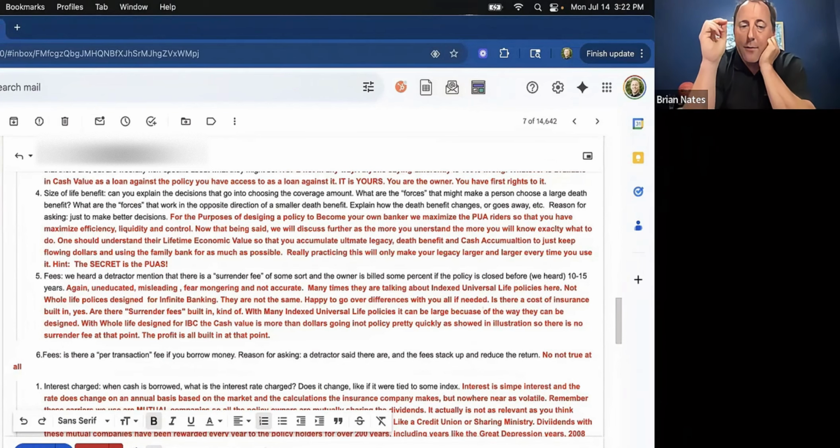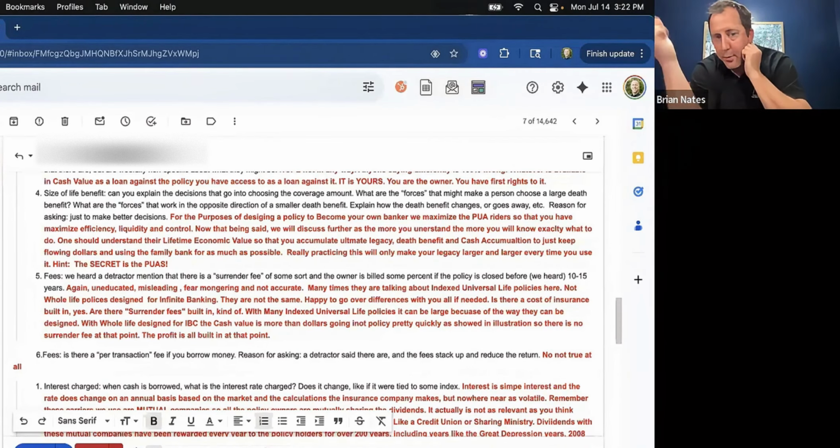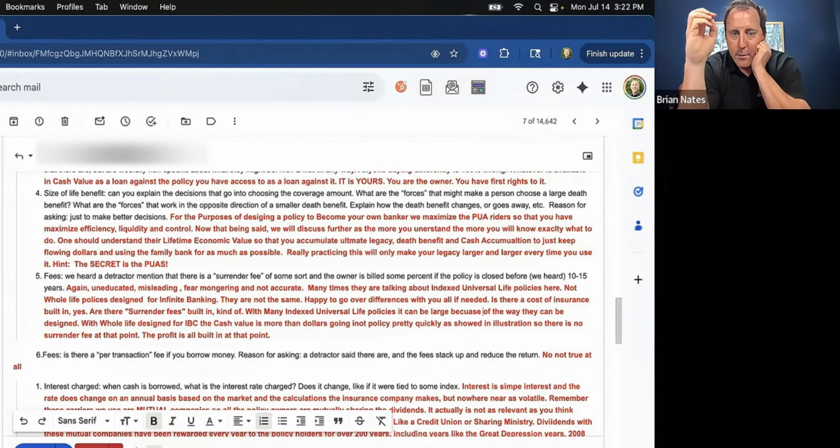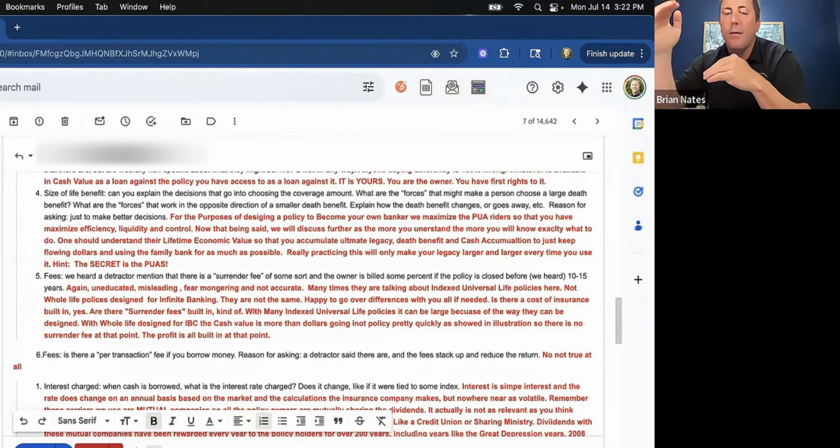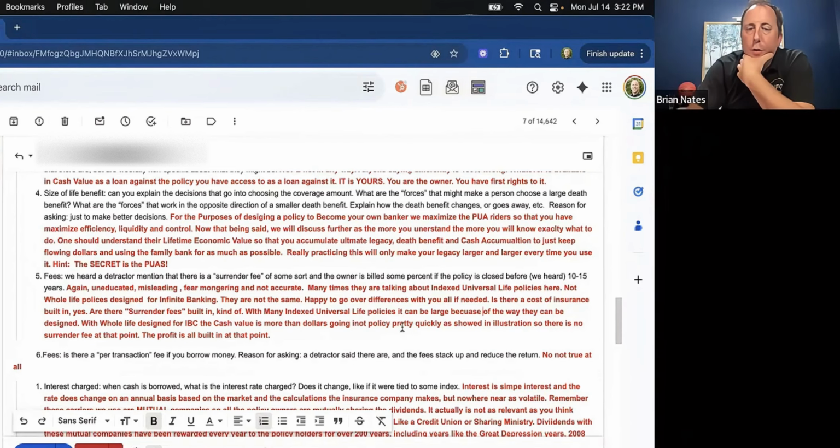But whole life insurance contracts from mutual companies, dividend paying, participating, designed for infinite banking, as you can see, the cash value that's created is actually more than the dollars going into the policy very, very quickly.